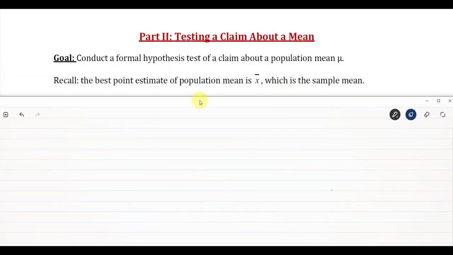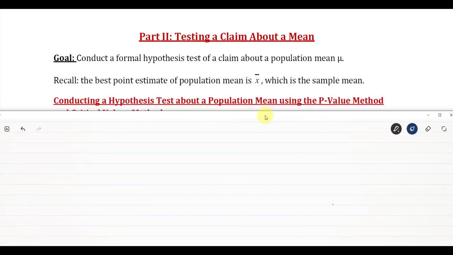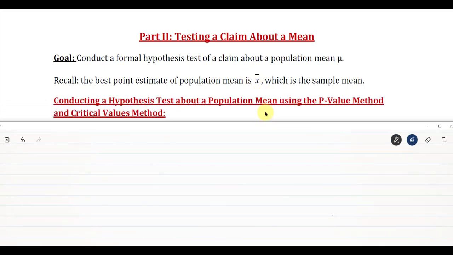Now recall that the best point estimate of the population mean is the x bar, which is the sample mean. So again, there are two methods that we normally use to conduct a hypothesis test about a population proportion or the mean in this second part here.